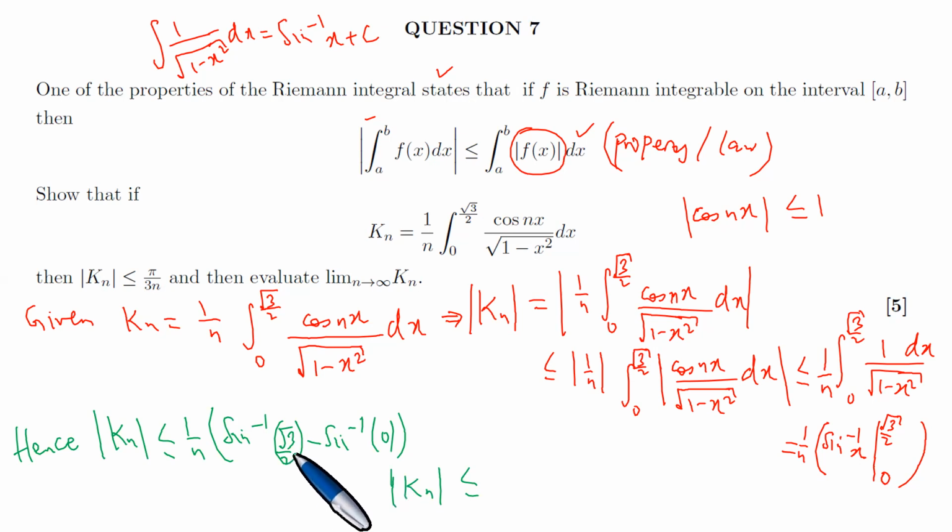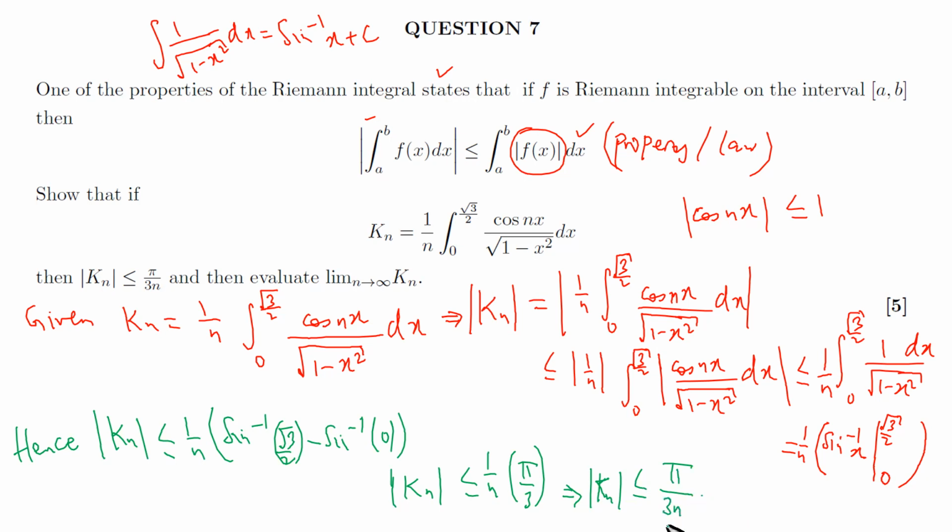What is arcsine of the square root of 3 over 2? Okay, the sine of a given angle is the square root of 3 over 2. What is that? The sine of 60 degrees, pi over 3. 1 over n into pi over 3. Okay, and this means we have this one here. This is less or equal to pi over 3n.